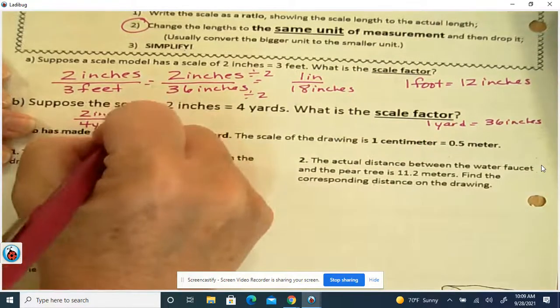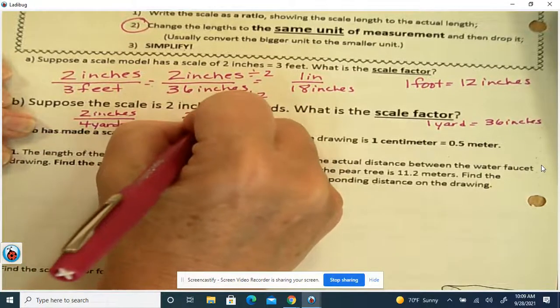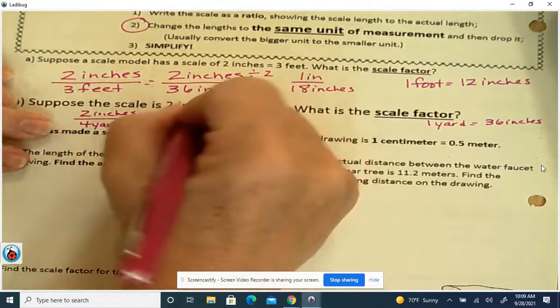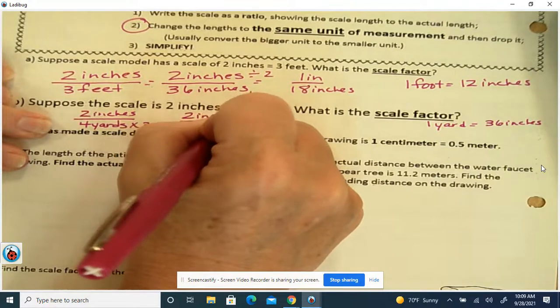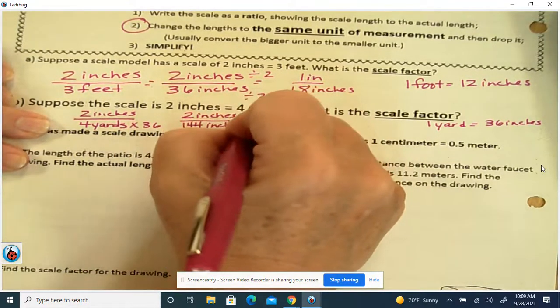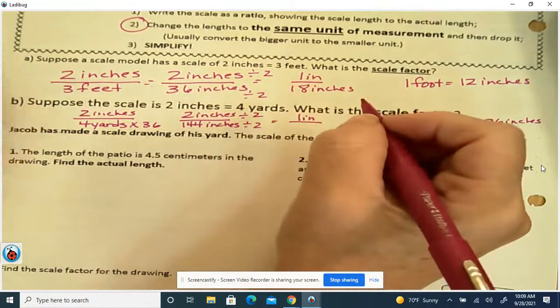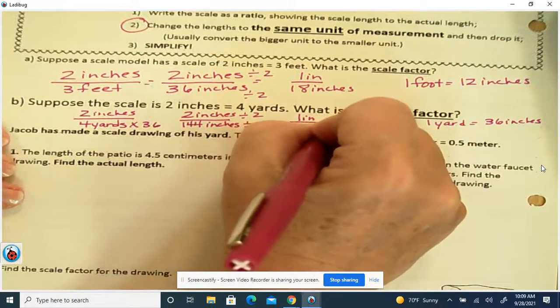So we want to multiply this by 36. So we've got 2 inches is equal to 144 inches. They're both even, so we're going to divide by 2. We get 1 inch, and then 144 divided by 2 is 72 inches.